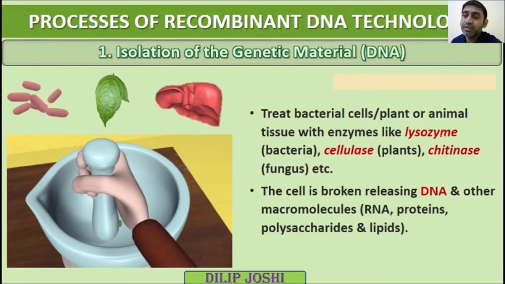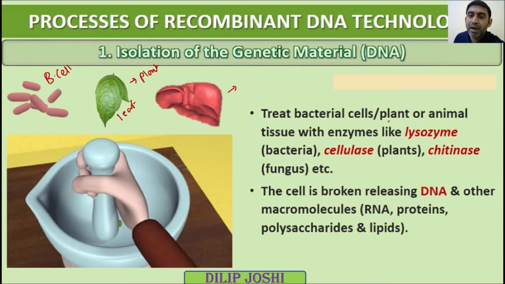So the first step is isolation of DNA, which means separation of DNA. Once the DNA is taken from a sample, it may be from a bacterial cell, a plant cell, the leaf of a plant, or the liver. If you take a plant leaf, it should be crushed.